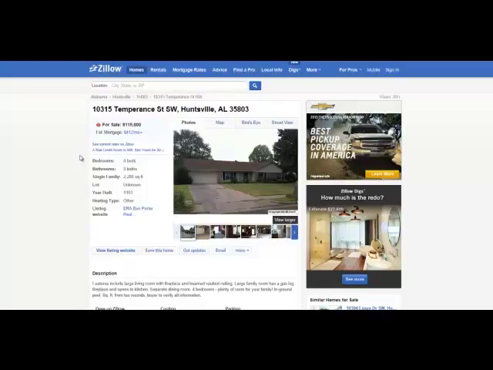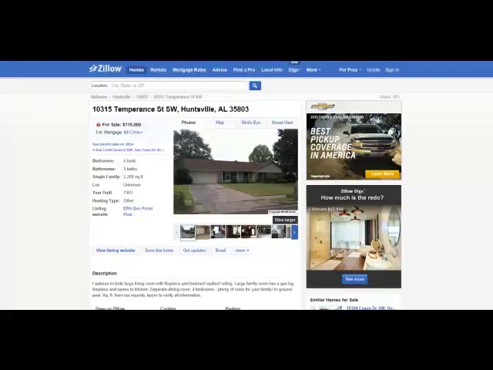All right, so that tells me right out the gate that this property is probably going to sell, if it was to be appraised, for about $198,000. All right. So if I start my calculations, then I can build an offer price based on that information, just sitting from home doing a quick search.